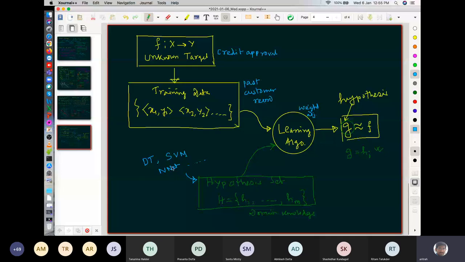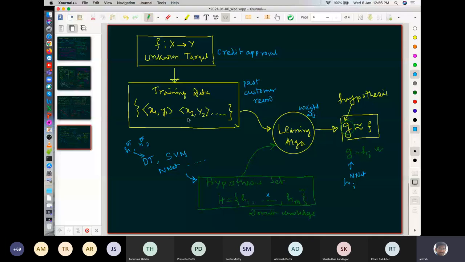This means that your hypothesis is a decision tree or a support vector machine or a neural network. And depending on the parameters of this decision tree, I could have HDT1, HDT2, all of them as part of my hypothesis set. And among them, I choose G. Let this G be a neural network, HNet i. I choose something from here and produce an output.